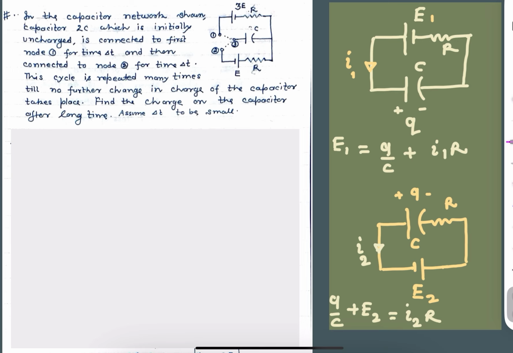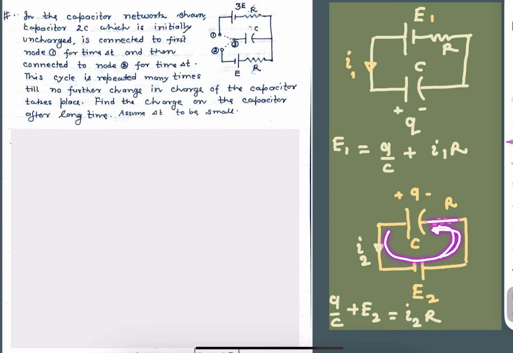And let me again explain it. Suppose we move like this. There is a gain of potential. We are moving minus to plus, so we gain Q by C. Again we are coming here and we are getting a gain of amount E2. And when we move like this across R, we will get a drop because we are moving along the current.